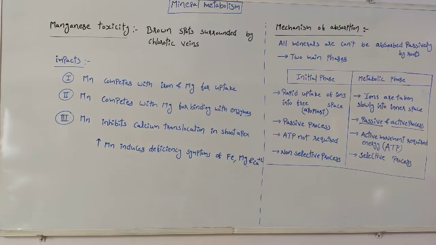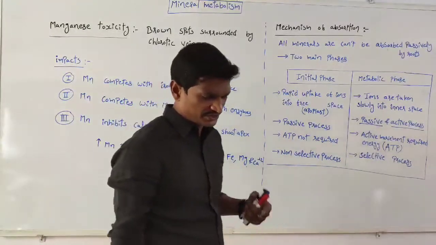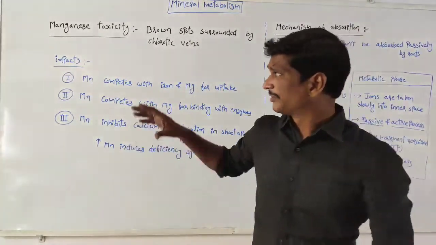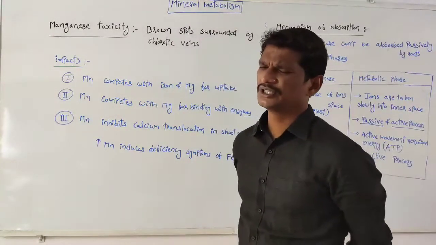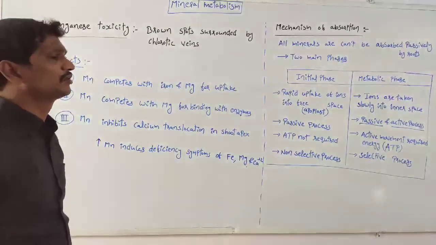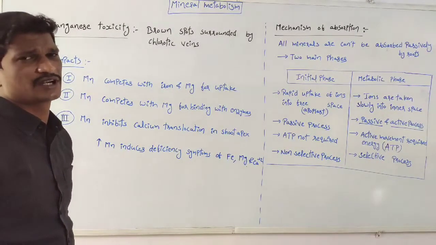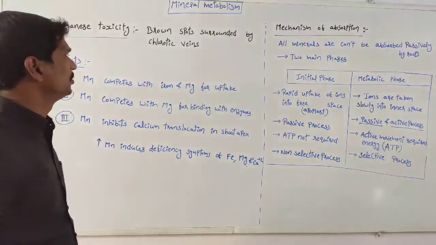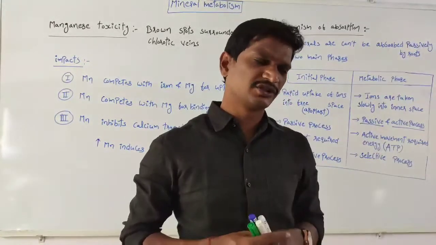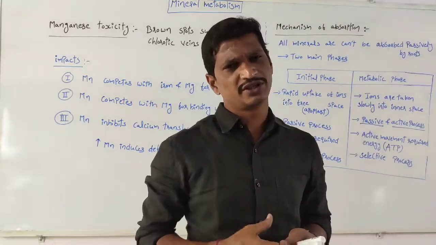Here I gave the example for toxicity. We discussed toxicity, where high concentration is present, and the best example here is manganese toxicity. Generally, high concentration of manganese produces toxicity symptoms here: brown spots surrounded by chlorotic rings. In any plant where manganese is present in high concentration, that is nothing but toxicity.